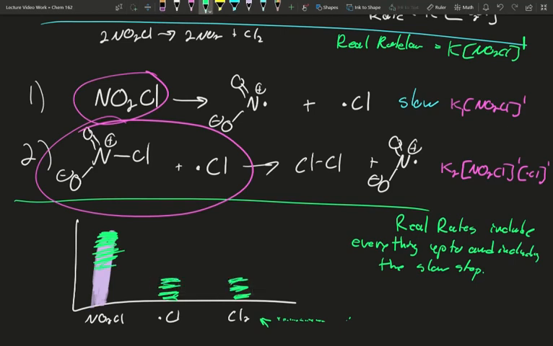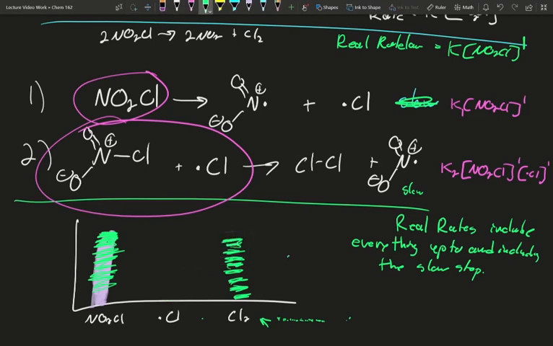We'd keep making some more of it. What we'd see is that it would start to pile up. We'd see both species. So that was if the second step was slow. Eventually, we'd use up all our starting material. And then at that point, bit by bit, we'd move our Cl dot over to Cl2. And eventually, we'd reach product.